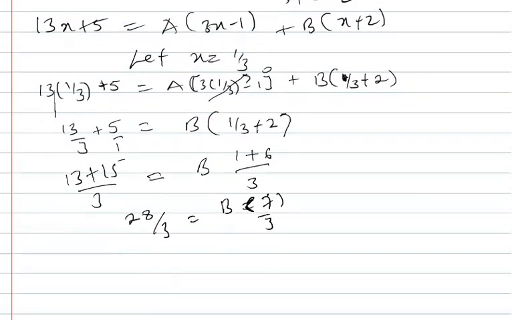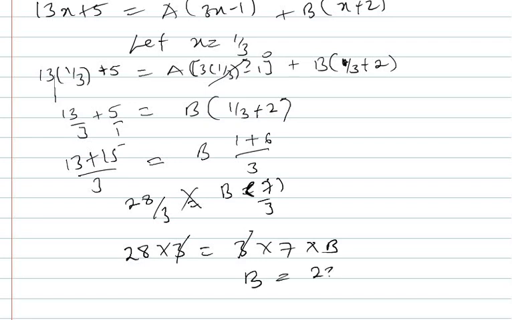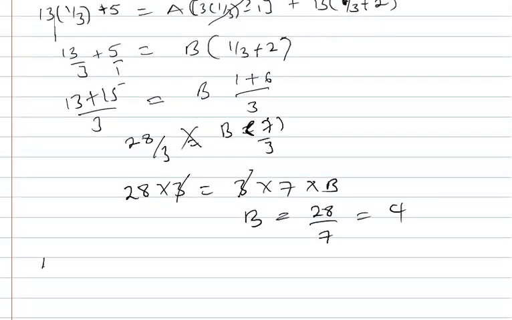So we can find the value of b by cross multiplying: 28 times 3 is equal to 3 times 7 times b. Then b is equal to 28/7, which is 4. Therefore we have a as 3, and also b as 4.